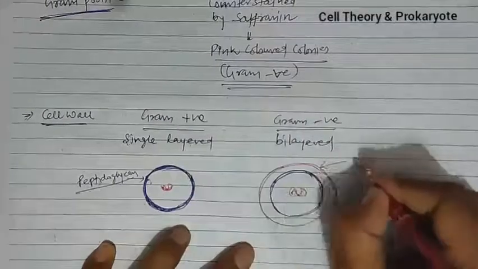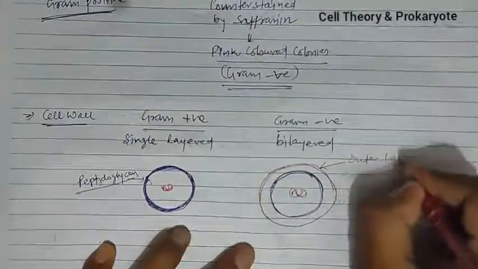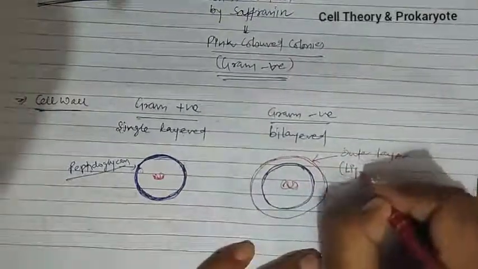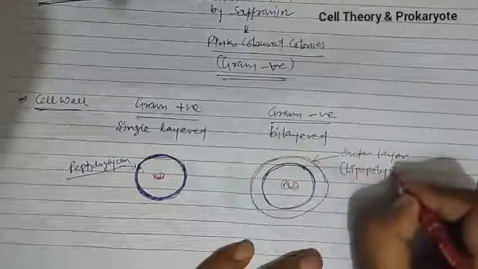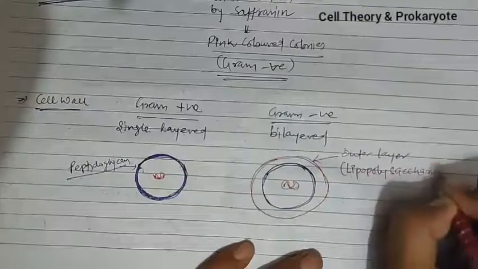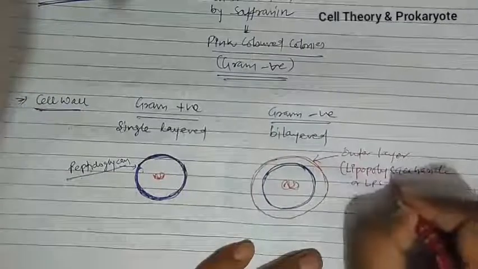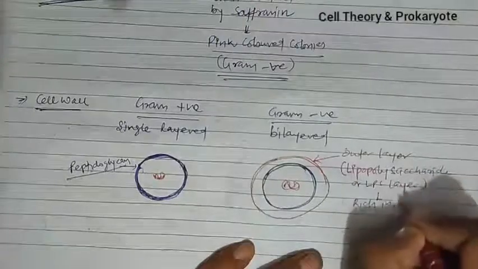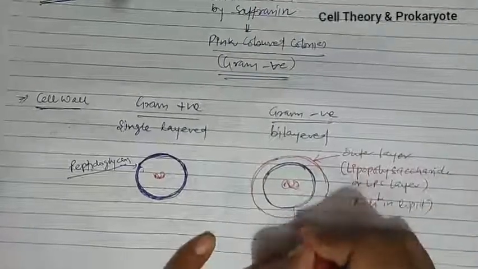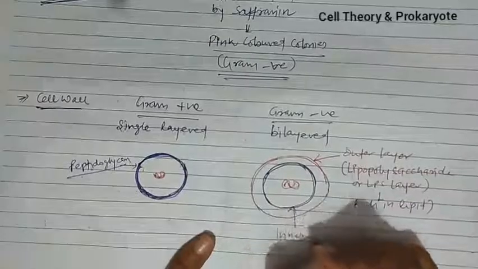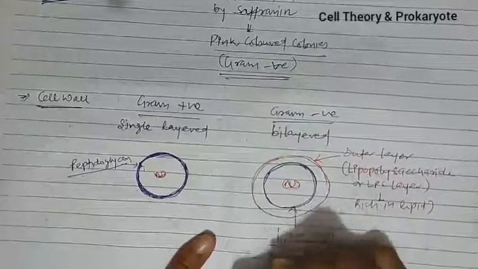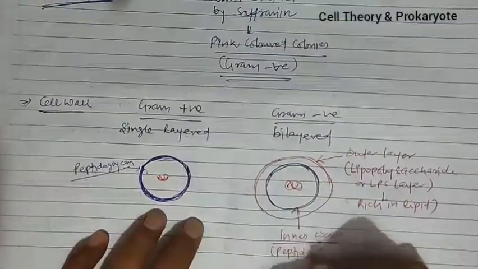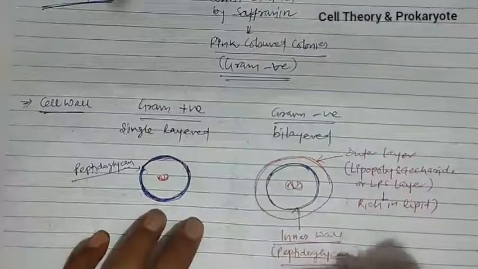The outer layer is known as the lipopolysaccharide or LPS layer, and it is rich in lipid, whereas the inner wall is made up of peptidoglycan.